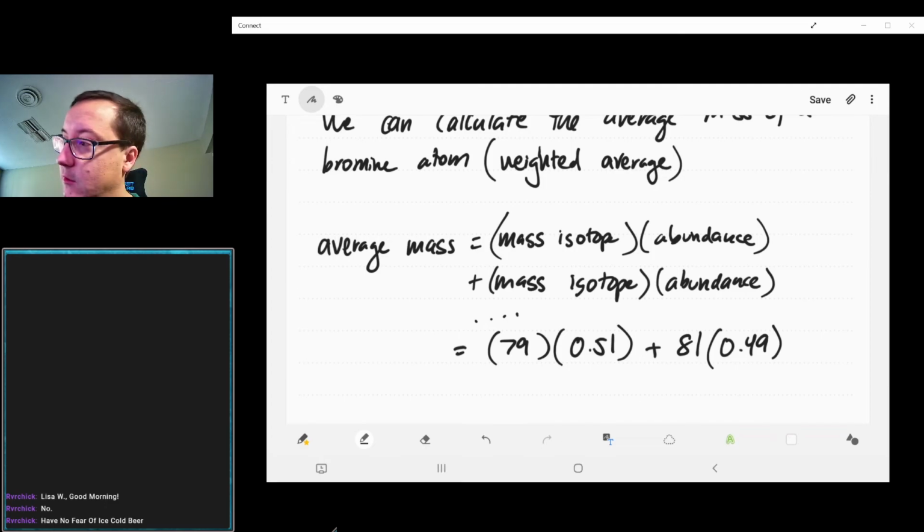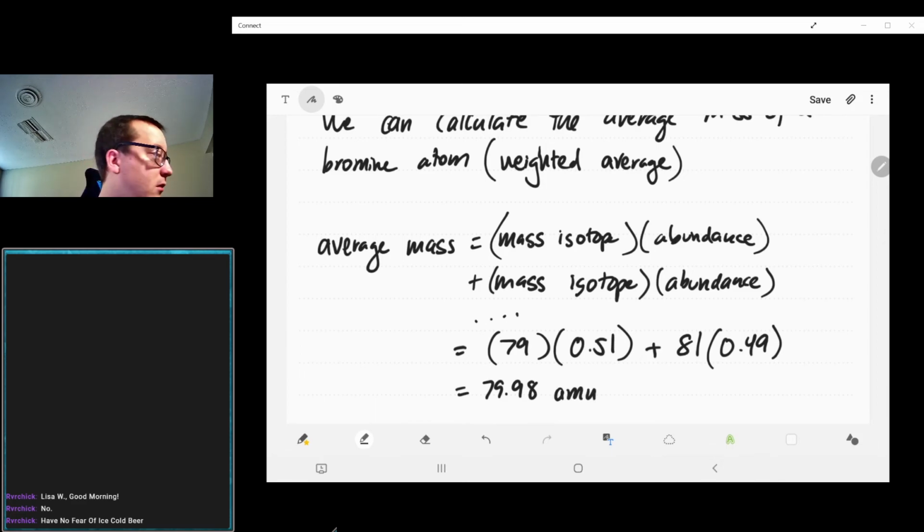And if we do that, 79 times 0.51 plus 81 times 0.49. What do we get? There we go. If we get that, we get, lo and behold, 79.98. The unit for this would be AMU, since we're using AMU.